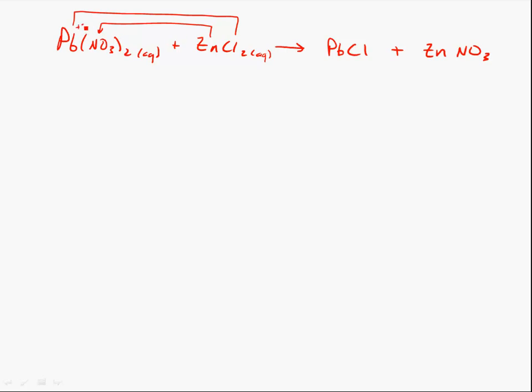Lead has a +2 charge here because it's with two -1 nitrates, and zinc has a +2 charge. So if lead's +2 and zinc is +2 and chloride's -1 and nitrate's -1, you've got to do a little crisscross applesauce action. PbCl is going to be PbCl2 and then zinc nitrate. Now put parentheses, and don't put anything into those parentheses yet.